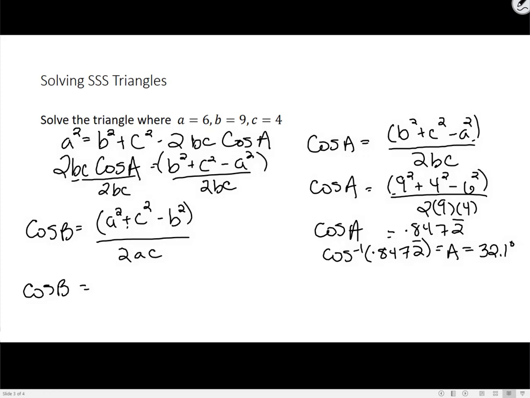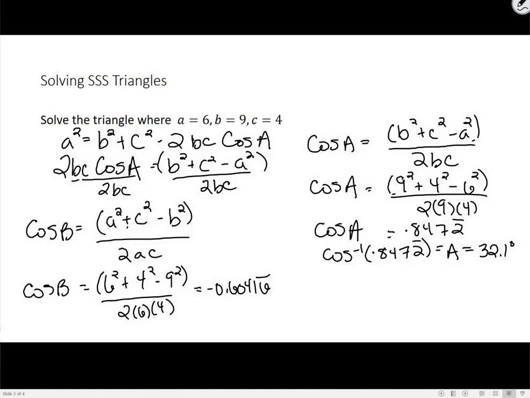So 6 squared, let me write that a little neater, 6 squared plus 4 squared minus 9 squared divided by 2 times 6 times 4. And I get negative 0.6041 repeating.